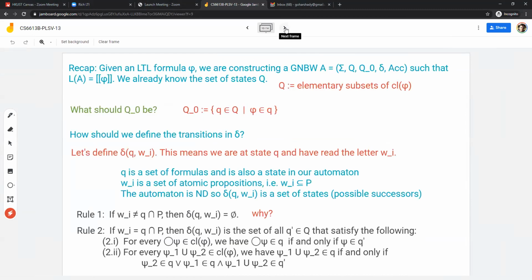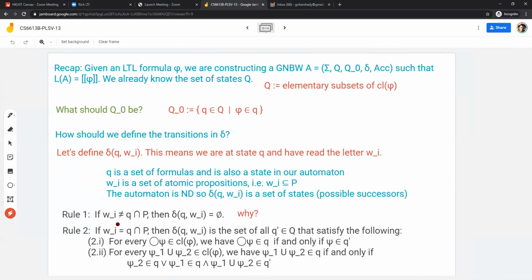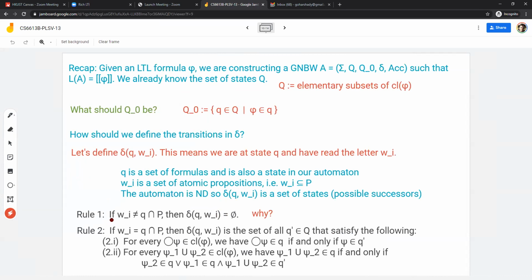Now, the rules that we have for creating the transitions are these ones. The first rule is the one I was using over and over again when I said that we only have transitions that are labeled a certain way.